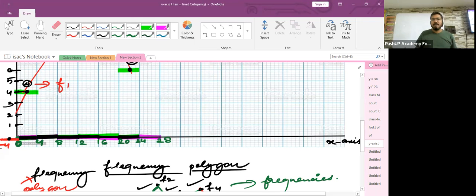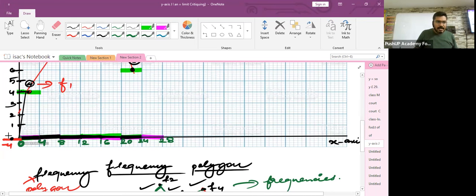Somewhere over here is the midpoint. To that point, you need to connect the line. That means from 4, draw a straight line which will get connected to this midpoint of -4 to 0. Understood? Children, am I clear with this?